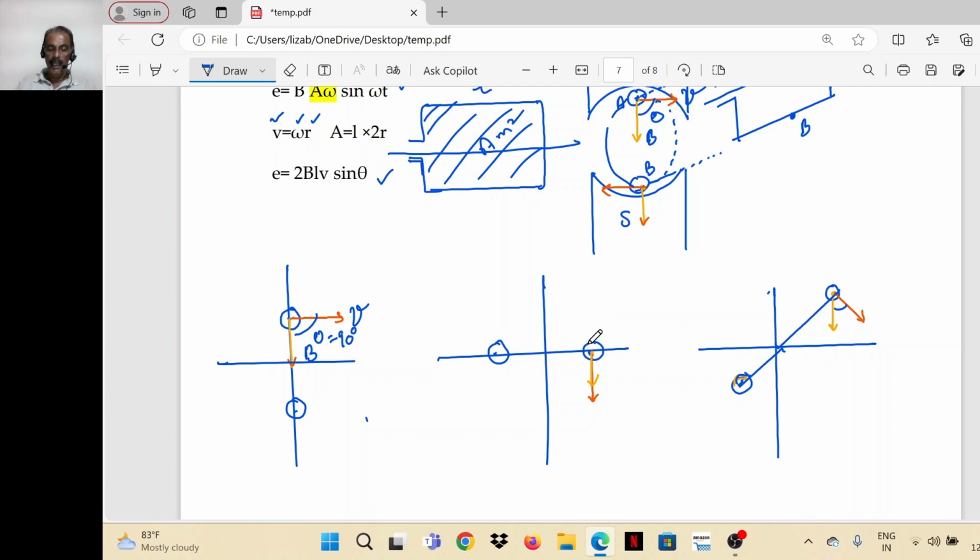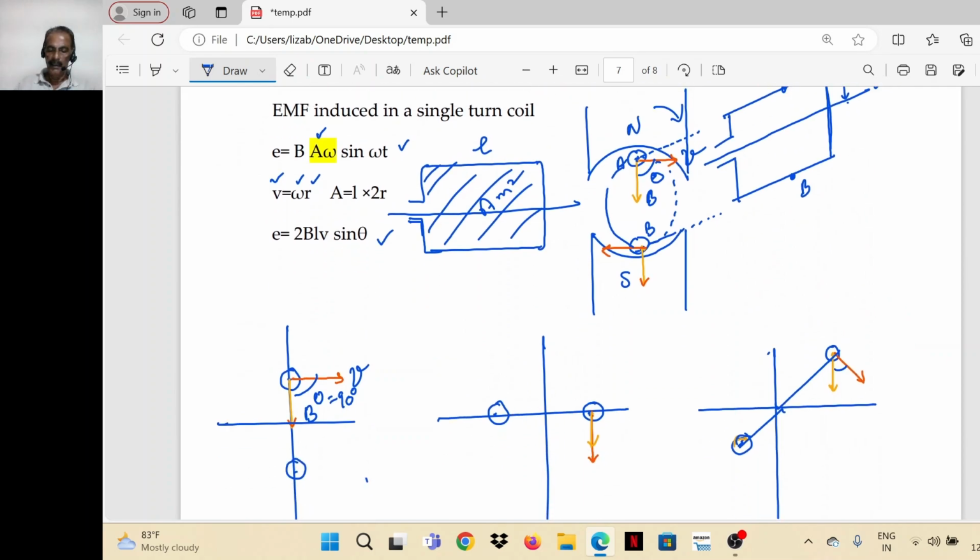Now assume the plane of the coil is horizontal. That means from this position, after a 90-degree rotation, the plane of the coil will be horizontal. Now this is coil side A, this is coil side B, or conductor A, conductor B. A, B is rotating in the clockwise direction, and after 90-degree rotation, it is in this position.